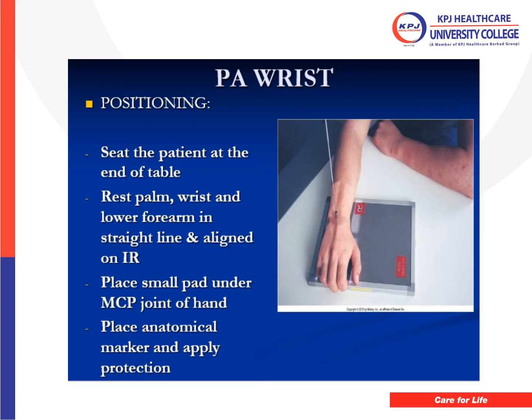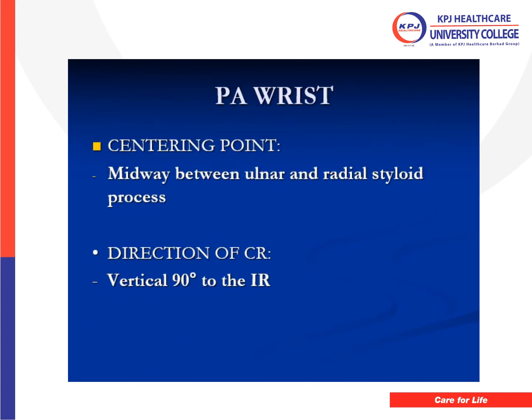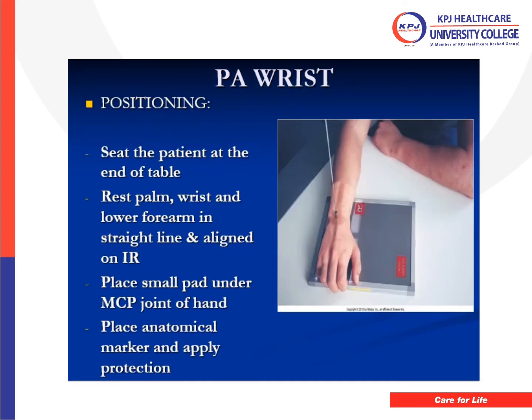Okay, it kind of grabs the cassette itself to make sure the placement of your wrist. Okay, this is PA, and the centering point is here. It is midway between the ulnar and radial styloid process. You can say it is mid wrist here.